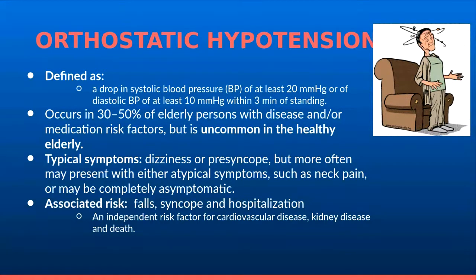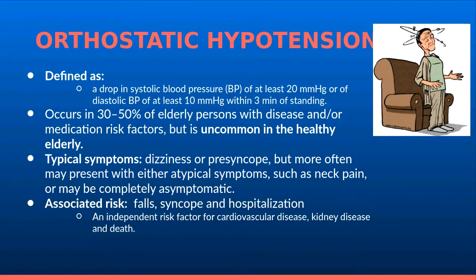It occurs in 30 to 50% of elderly persons with disease and or medication risk factors such as polypharmacy. Some typical symptoms include dizziness and pre-syncope. There are also atypical symptoms such as neck pains, and some elder adults can experience no symptoms at all.